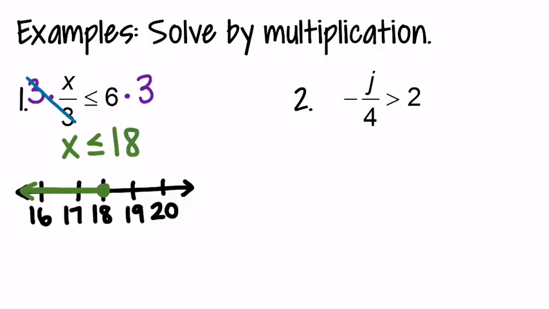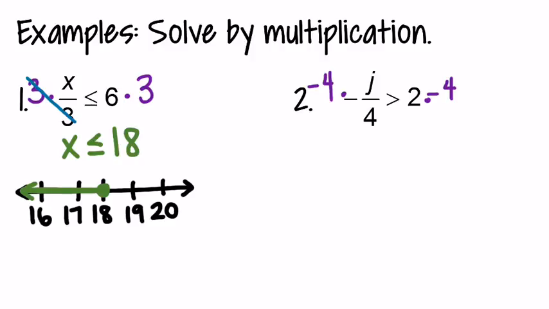All right, example 2, we have negative j divided by 4 is greater than 2. On this problem, it's a little bit different. We're still going to multiply both sides by whatever is being divided. I'm going to multiply both sides by a negative 4. Anytime you multiply by a negative for inequalities, that's always going to flip the inequality symbol over.